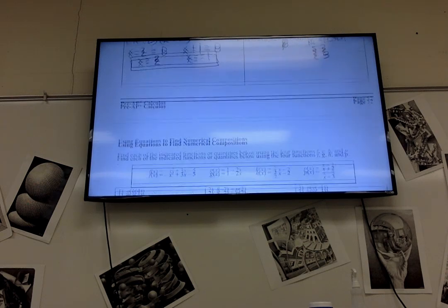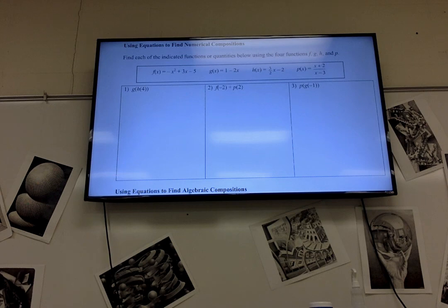Now we're going to move on to probably what you are more familiar with from algebra and probably didn't like as much, the equations. So these start off the same like we did on the other one. We start on the inside. We would find h of 4 first.